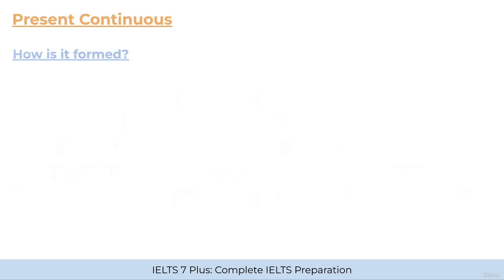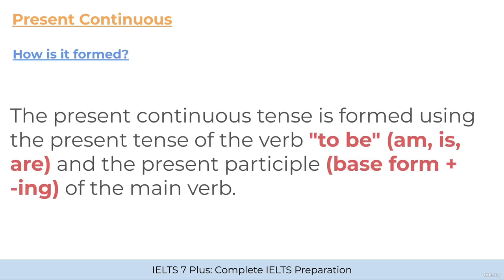Okay, how is it formed? Well, it's a bit more complicated than the present simple. It's formed by using the present tense of the verb to be, so we're thinking am, is, are, depending on the subject, and the present participle, which is the base form of the verb plus ing of the main verb.